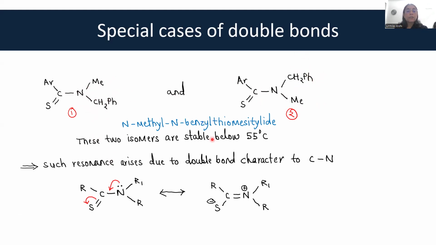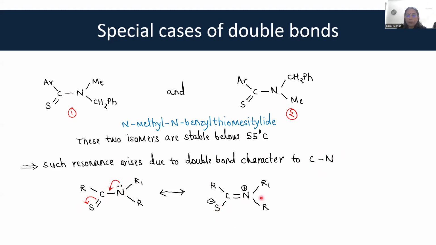And these two isomers are detected separately, although there is no double bond, but there is some restricted rotation around this bond. Now, why should that happen? That happens because of a partial double bond character of carbon nitrogen. You know there is a lone pair of electrons on nitrogen. So this lone pair of electrons can enter into resonance.